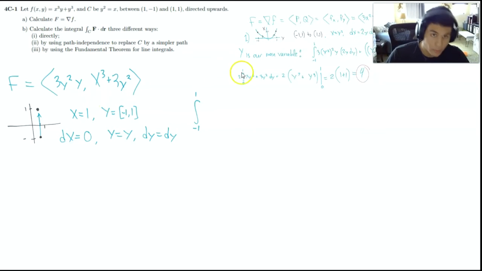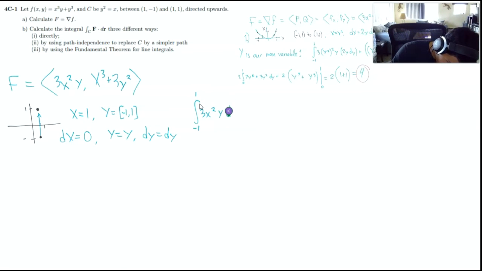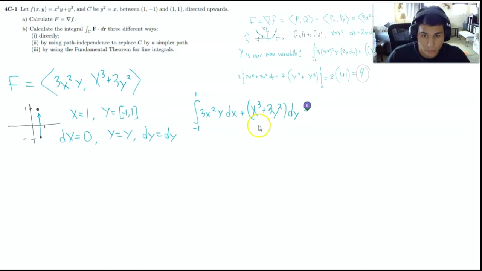Okay, and remember, it goes like P dx and Q dy, so this is P and this is Q. Okay, so if P is this, one second, yeah, that's an x. Okay, so we would get 3x squared y dx plus x cubed plus 3y squared dy. But we want to make this all y.